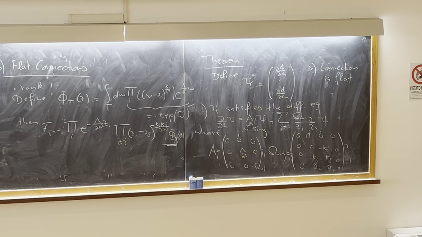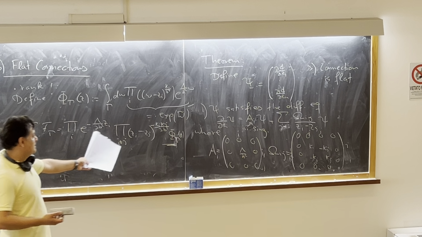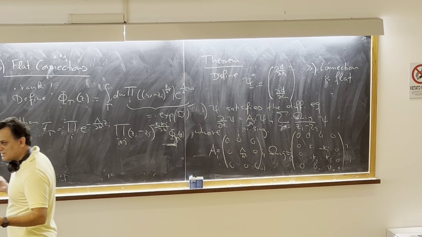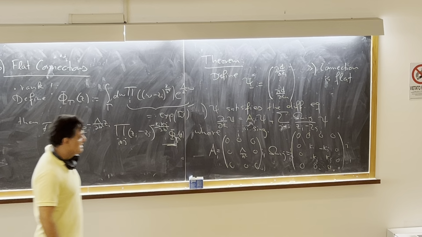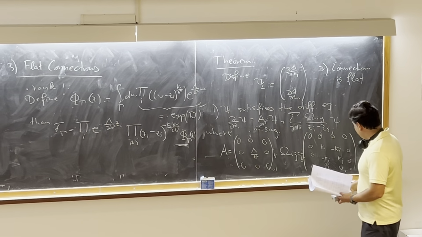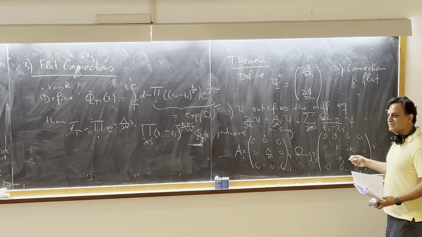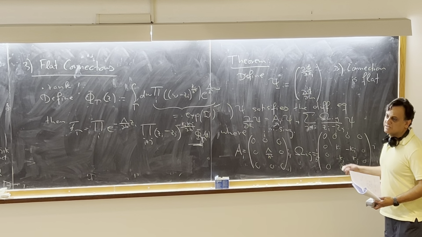How many primaries do you have? This is for an arbitrary number of primaries. Let's say you have some capital N primaries with the Liouville momenta Ka over 2b, where Ka are some integers. And these Kas are the same which appear here. So they are labeled by Ki, Kj here, and they appear in this connection.